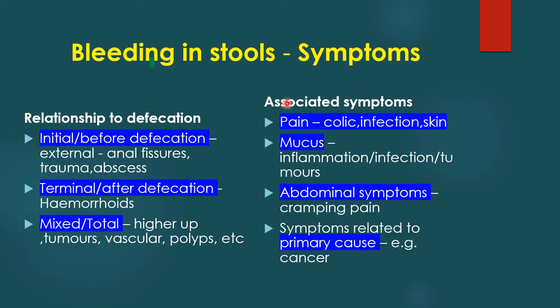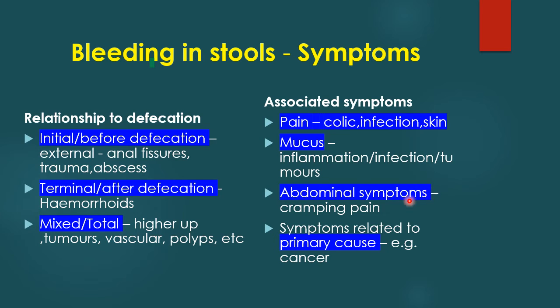Then you also have to look at the associated symptoms that come together with passing blood in the stools. Pain, which is a common accompaniment, colicky pain due to infection or skin lesions. Mixed with mucus, especially in inflammatory conditions, infection, and tumors.